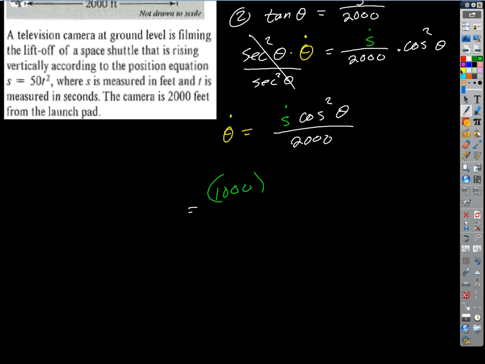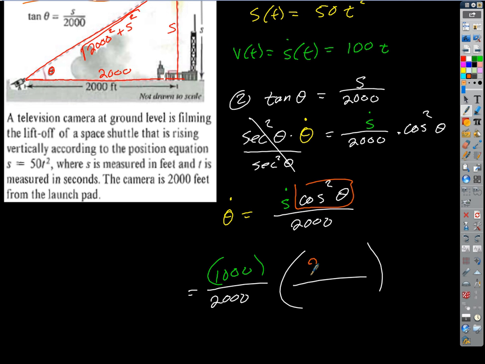times, let's put this in orange. Multiplying by cosine squared theta is the same thing as multiplying by the ratio adjacent over hypotenuse, which is 2,000 divided by the square root of 2,000 plus s squared, and then I'm squaring that whole thing, right?